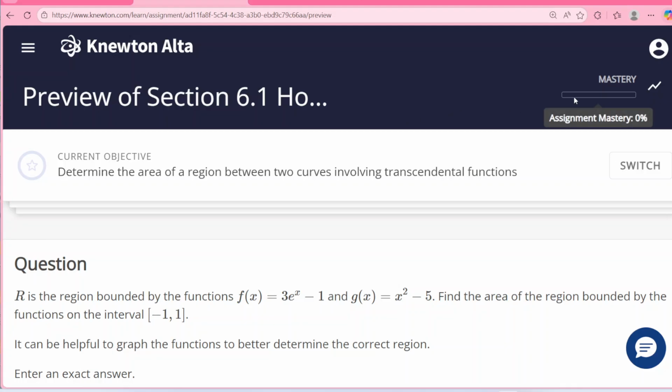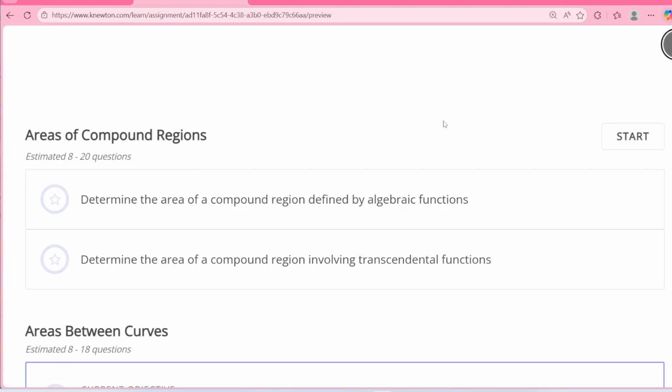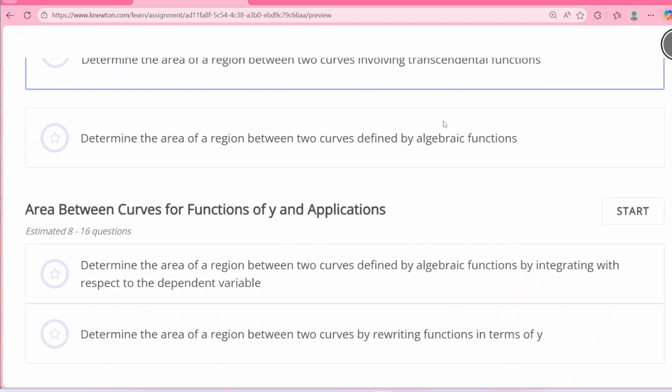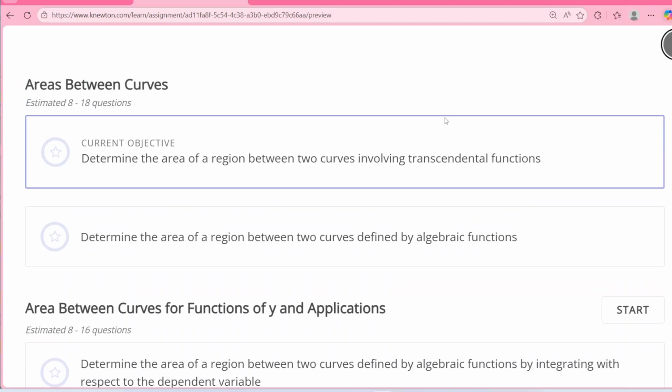In the upper right-hand corner, you should see a mastery bar. And this tells you how far along you've gotten in the assignment. Next to that, an activity log. This will show you how many objectives the assignment has. So this has 6 objectives under 3 headings.